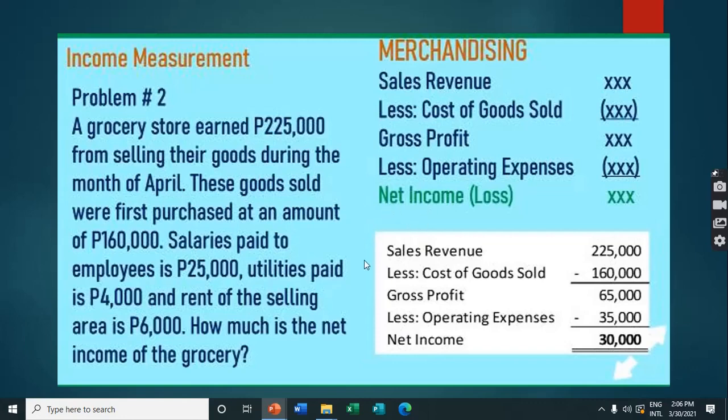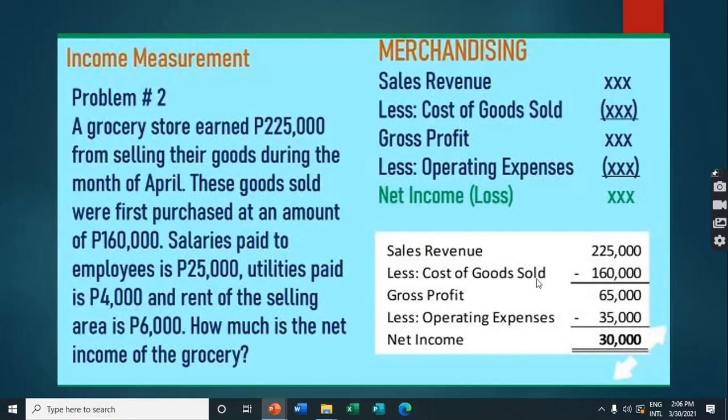Ayan. So, kunin natin yung sales revenue. Nagkano yung sales revenue? So, that is 225,000. And then, yung cost of goods sold mo, sabi dito, these goods sold were first purchased at an amount of 160,000. So, i-less mo to.